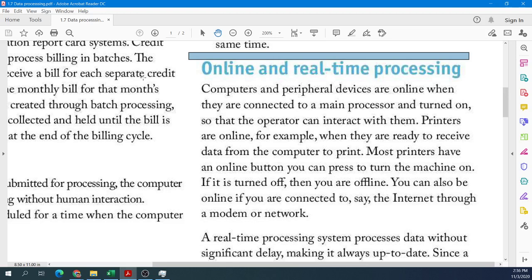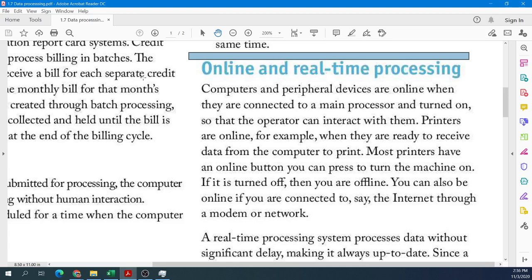Computers and peripheral devices are online when they are connected to a main processor and turned on, so that the operator can interact with them. Printers are online, for example, when they are ready to receive data from the computer to print.